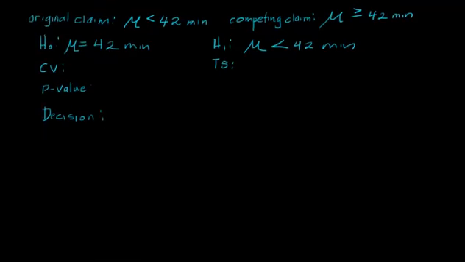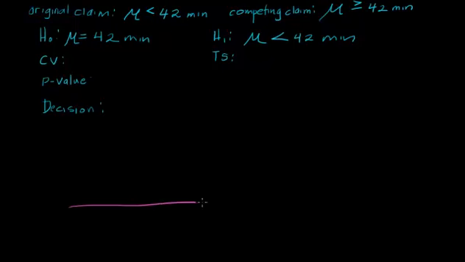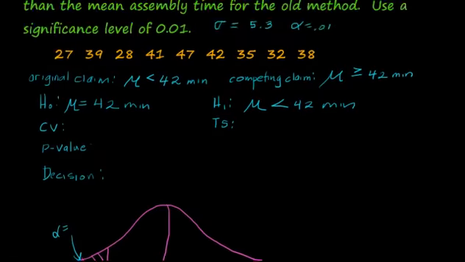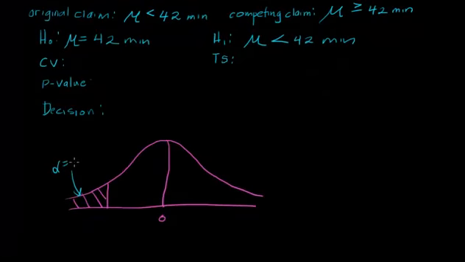Okay, let's look at our decision diagram. This time the alternate hypothesis is a less than sign. It's pointing to the left. This is a left-tailed test. And this area here is our alpha, and we were told to use an alpha of 0.01.